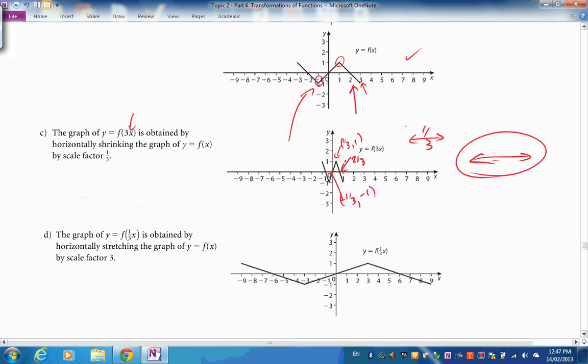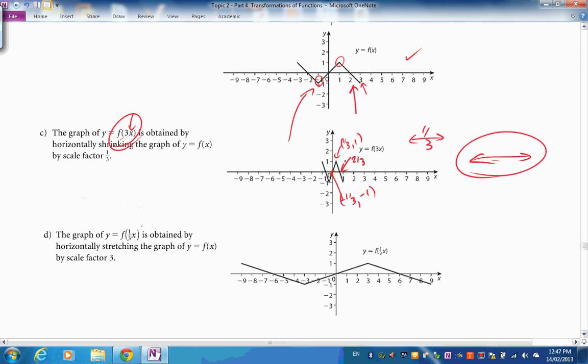All the key points on the graph have to have the x value at which they occur being a third of what it was, right? Because we're changing the x value here in a horizontal or x direction shift by shrinking or stretching.